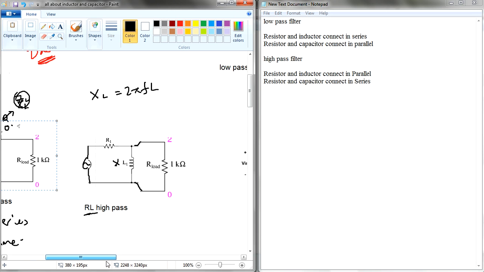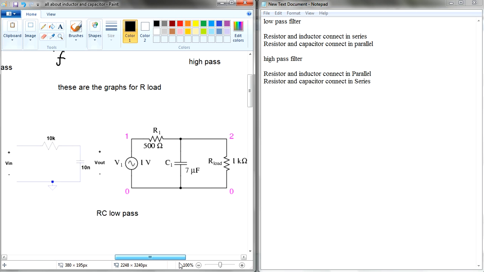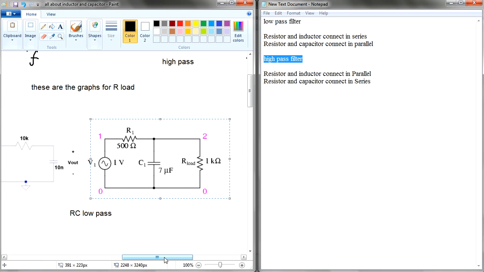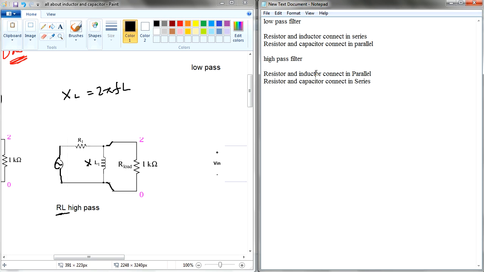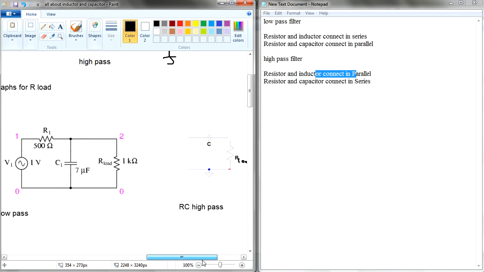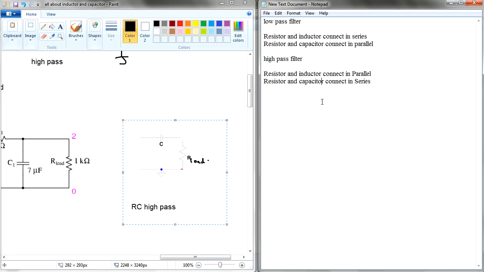The R load is like your rice cooker, your refrigerator, or whatever. So RC, resistor and capacitor, low pass is parallel with the R load. In high pass, resistor and inductor connect in parallel with the R load, while the RC high pass connects in series with the R load.